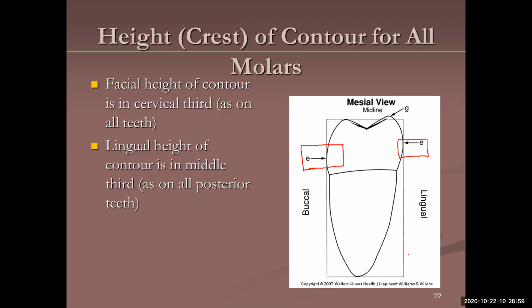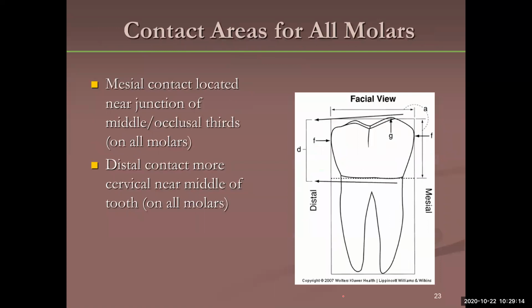Where is the lingual height of contour on anterior teeth? Cervical third, exactly, because that's where the cingulum is. The mesial contact is located near the junction of the mesial and occlusal third, so it's higher than it is on the distal.